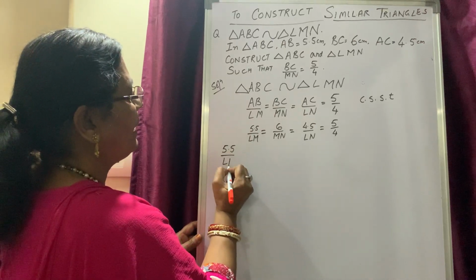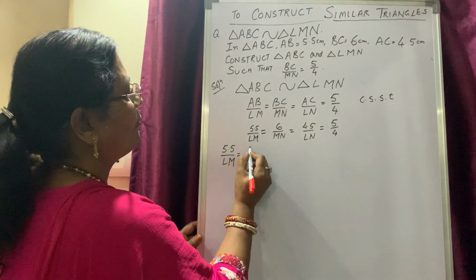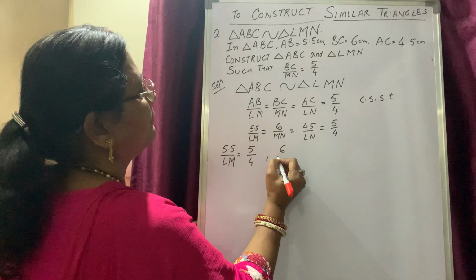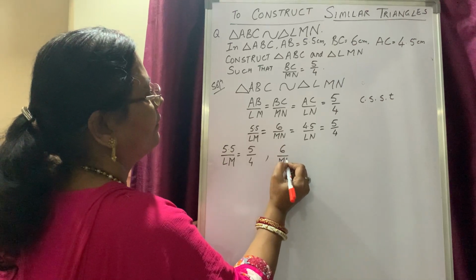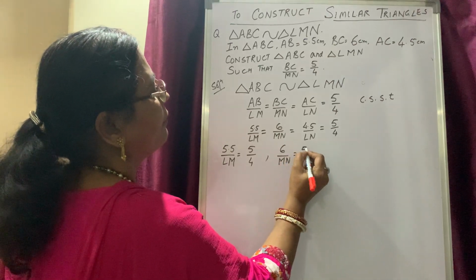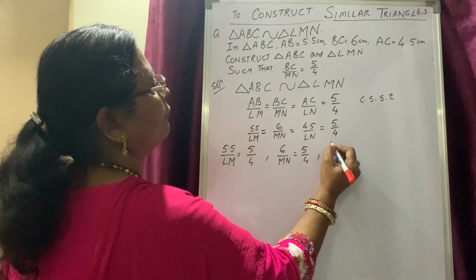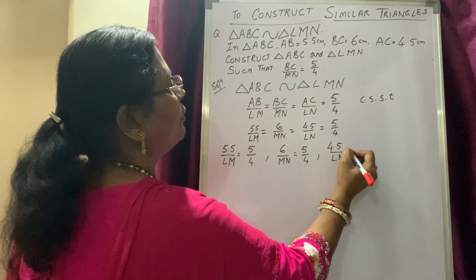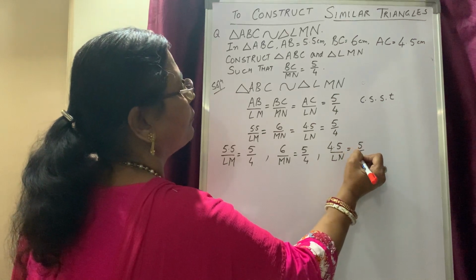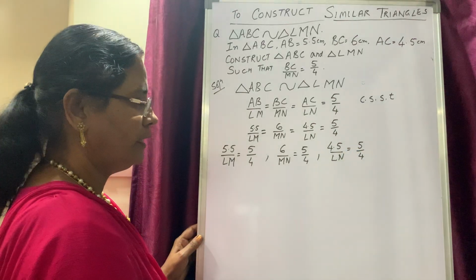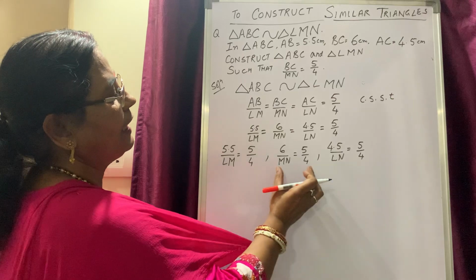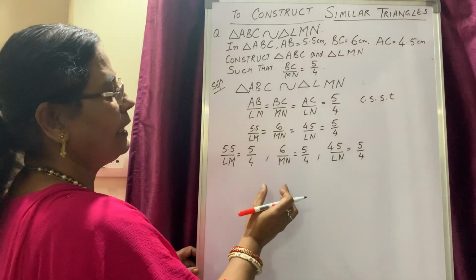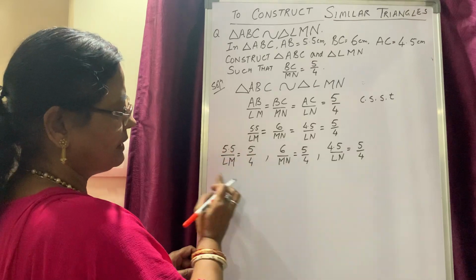5.5 upon LM will be 5 upon 4. 6 upon MN will be 5 upon 4. And 4.5 upon LN will also be equal to 5 upon 4. Now in this manner we can calculate the length of the sides of triangle LMN. We will cross multiply.